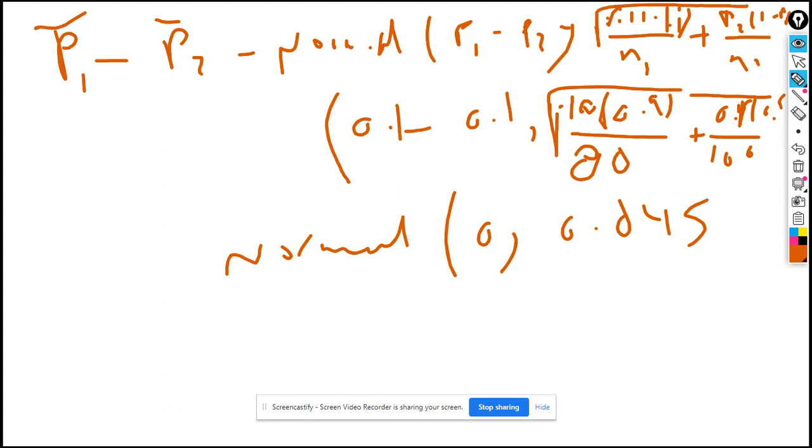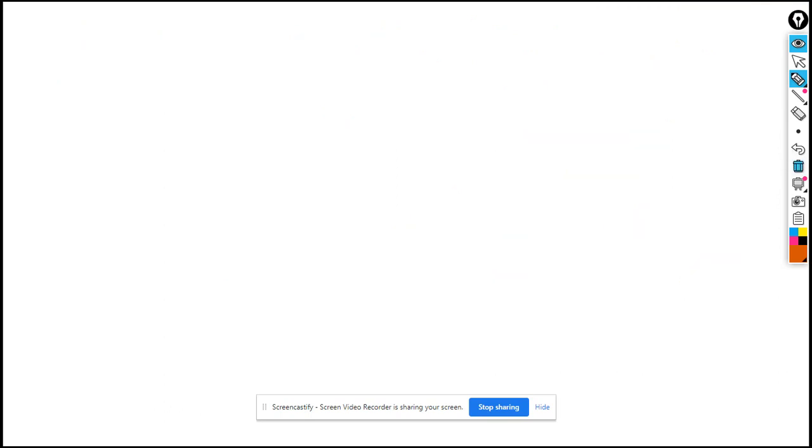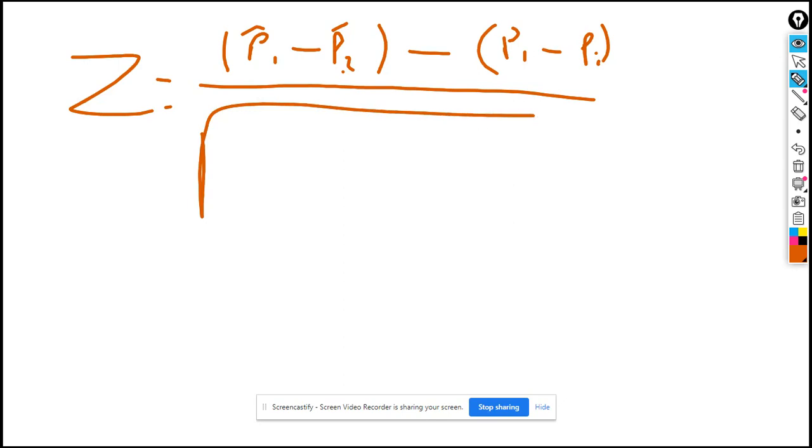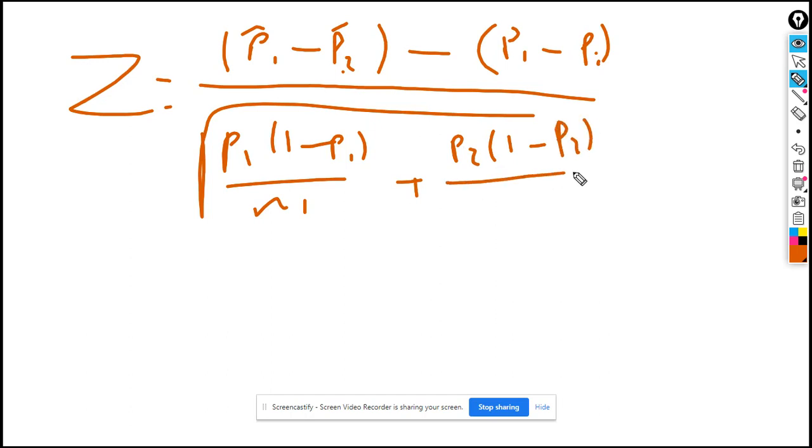Okay, now let's calculate the probability. So for the z value equal to proportion 1 minus proportion 2 minus probability 1 minus probability 2 divided by the square root of probability 1 times 1 minus probability 1 divided by N1 plus P2 times 1 minus P2 divided by N2.